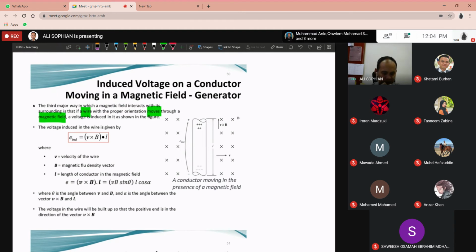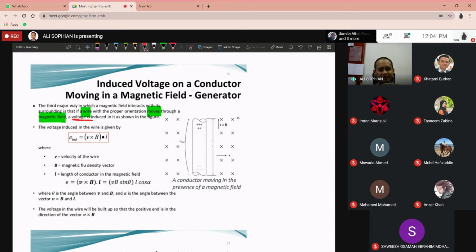Again, what we need to highlight is that the wire has to be moving. If the wire is stationary, then you will not get a voltage induced in the wire. That's why in a generator the wire is wound on the rotor, and the rotor has to be moving.